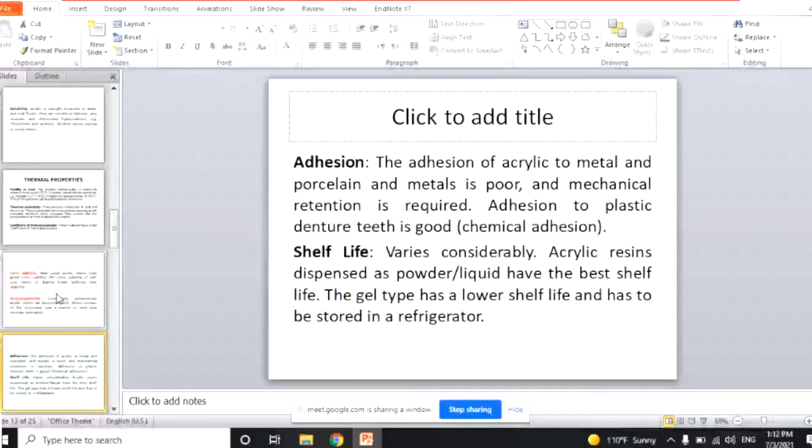About the adhesion, it is poor to metal and porcelain, so usually we need mechanical retention. About the shelf life, it is lower when compared to other types of material. That's why you must preserve it in the refrigerator.